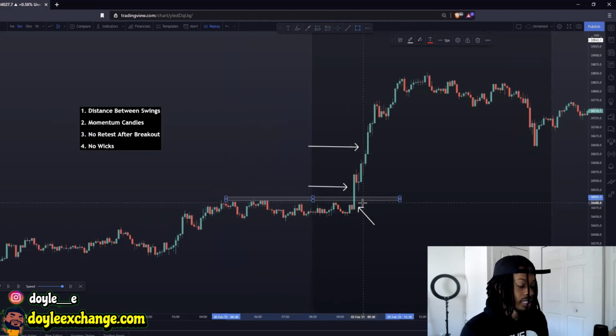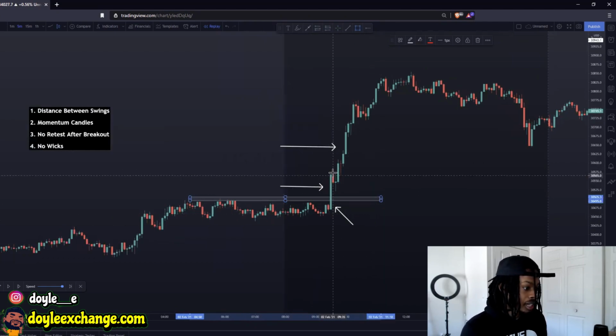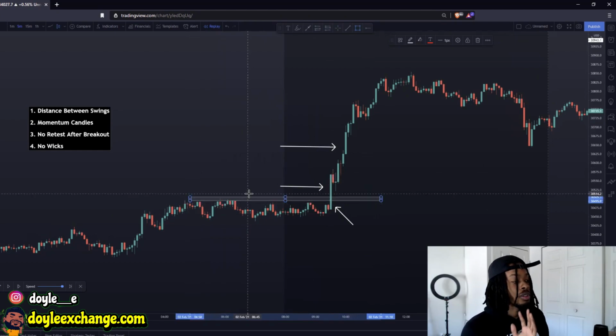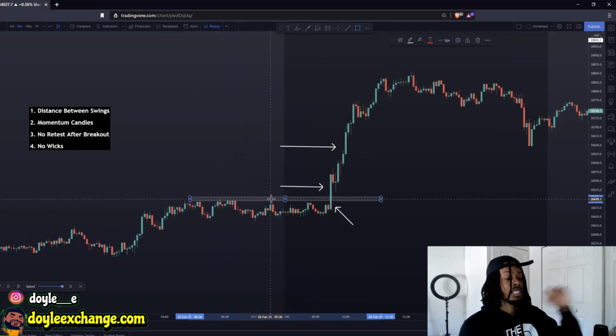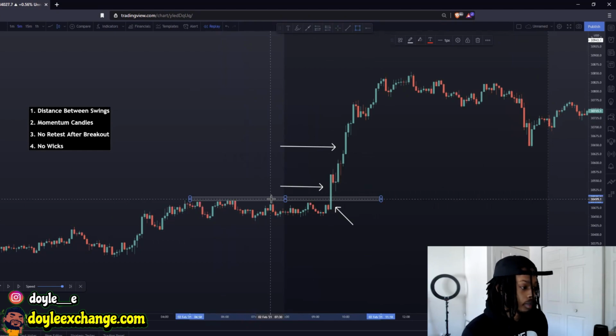If I'm looking at this, I'm not going to instantly say, oh, it's an uptrend, okay? But once I see that this swing high is above this, once I see that it breaks structure, I know that it's starting a trend. That's number one. Just because it breaks out don't mean it's going to continue. We need some type of pullback or some type of new swing high being created for it to be a trend.